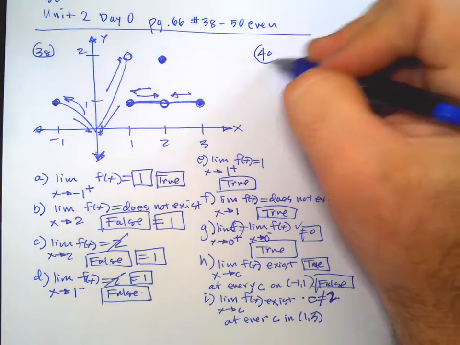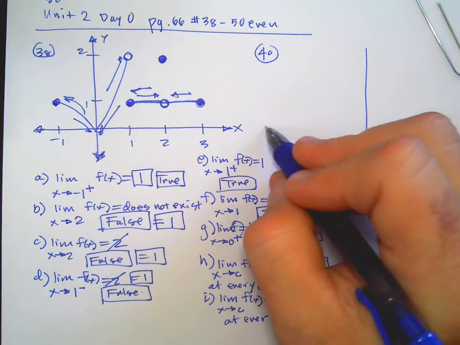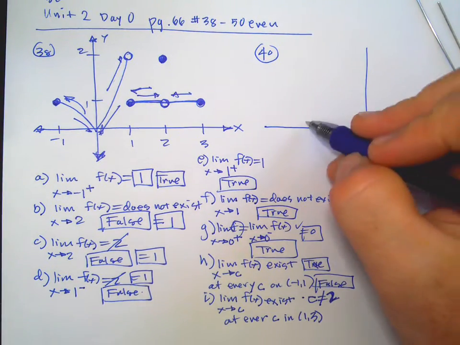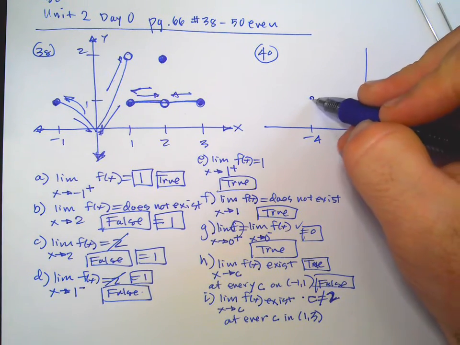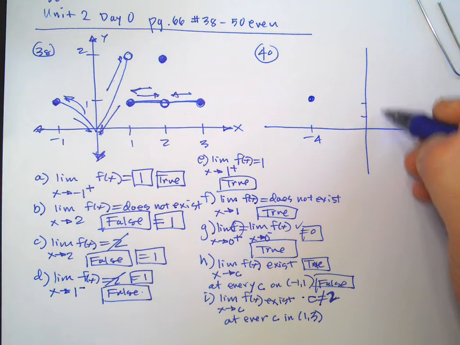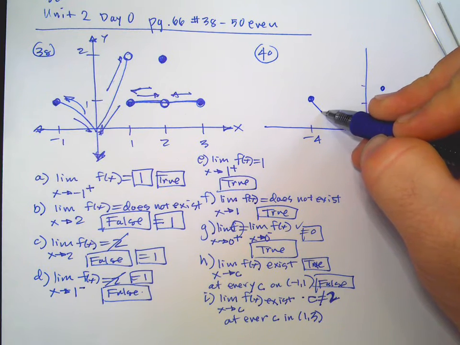40. I'm going to try and fit up here. Give them a picture of a graph. I'm going to make a quick graph of this. And so the graph kind of looks like that.